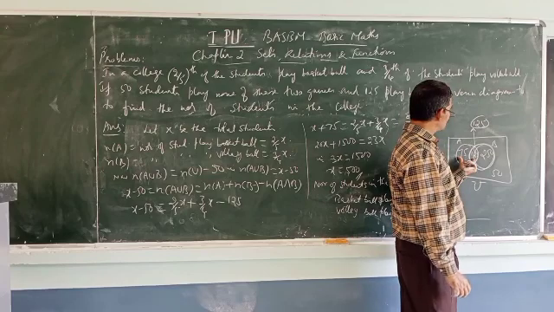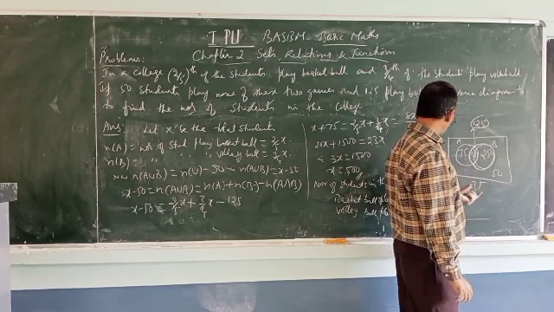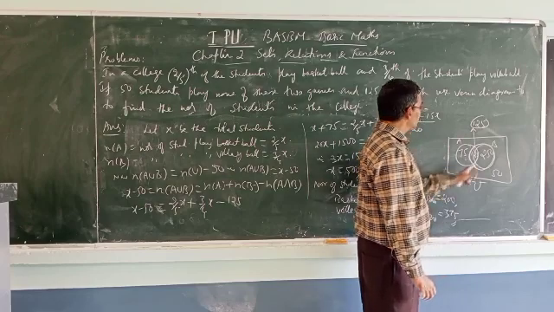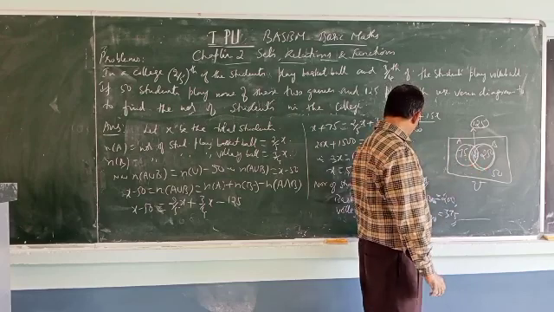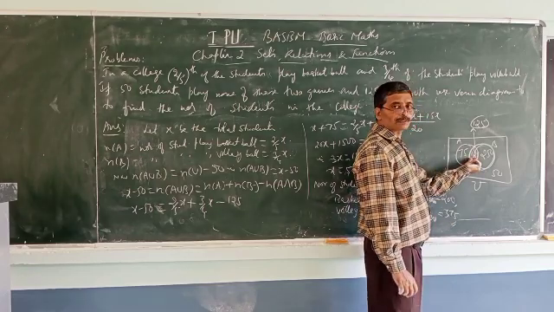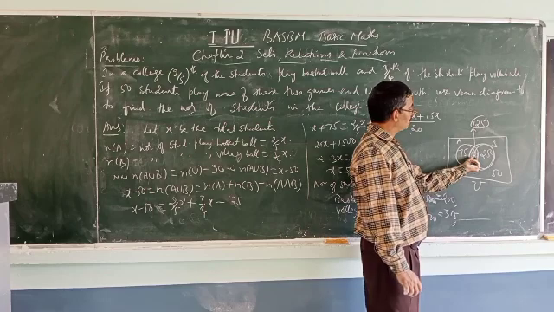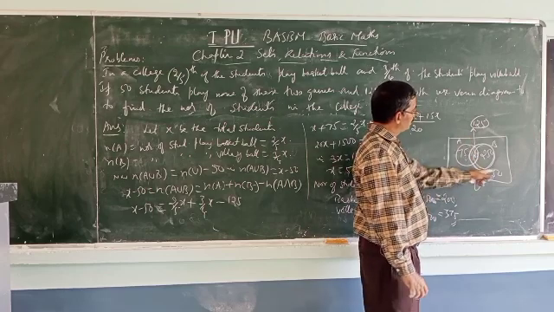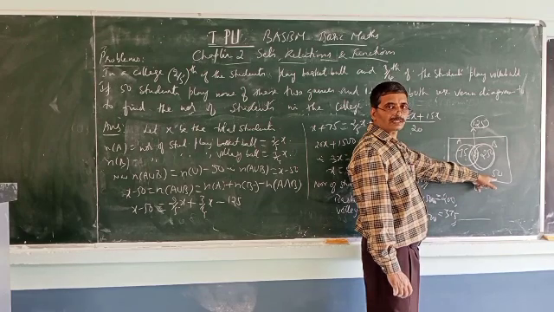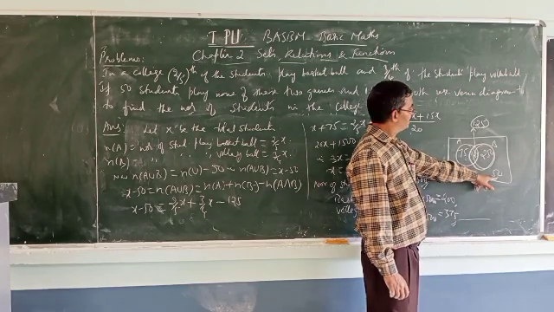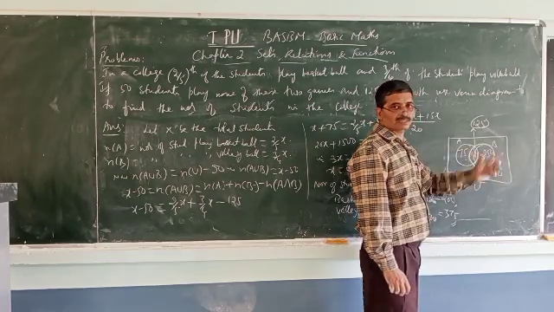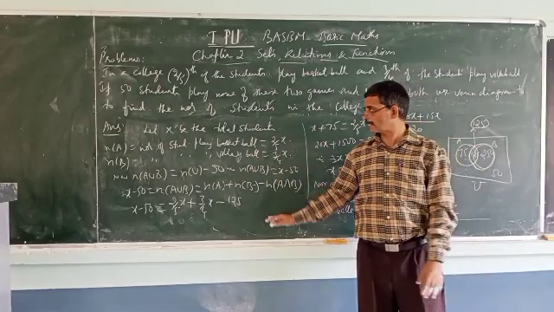So 75 plus 125 is 200 who play basketball, and 250 plus 125 is 375 who play volleyball. The intersection, those who play both, is 125. Who play no game, neither basketball nor volleyball? That is 50, outside of these two. This is how the calculation is done.